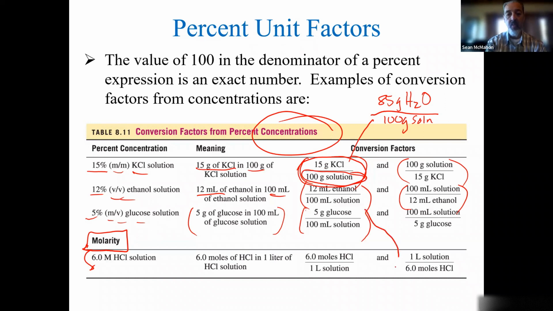Just like with the 12 mils of ethanol per 100 mils of solution, well, then I can say there's 88 mils of water per 100 mils of solution. It's a little bit trickier here, so you tend not to get that, because the grams and the mils aren't as easily interchangeable. But if you have mass to mass or volume to volume, you can do that.